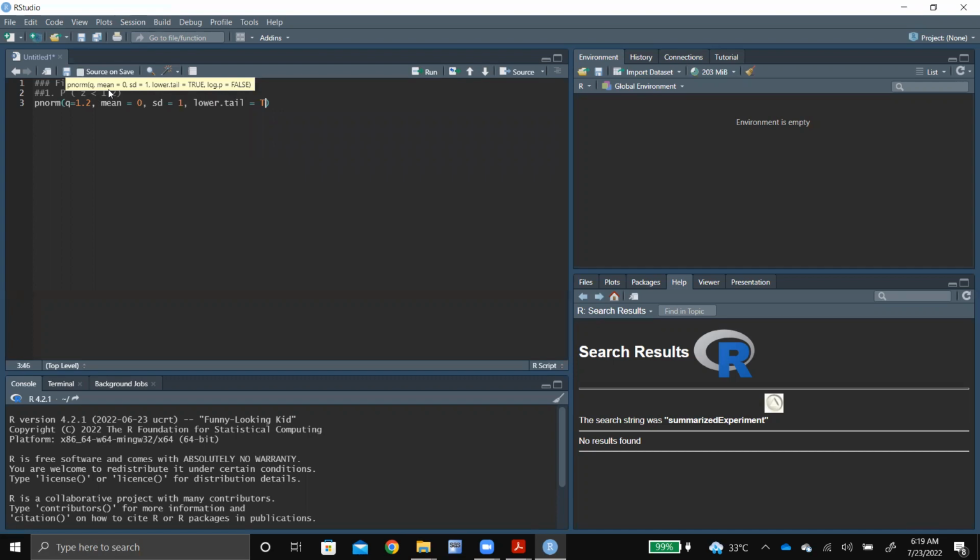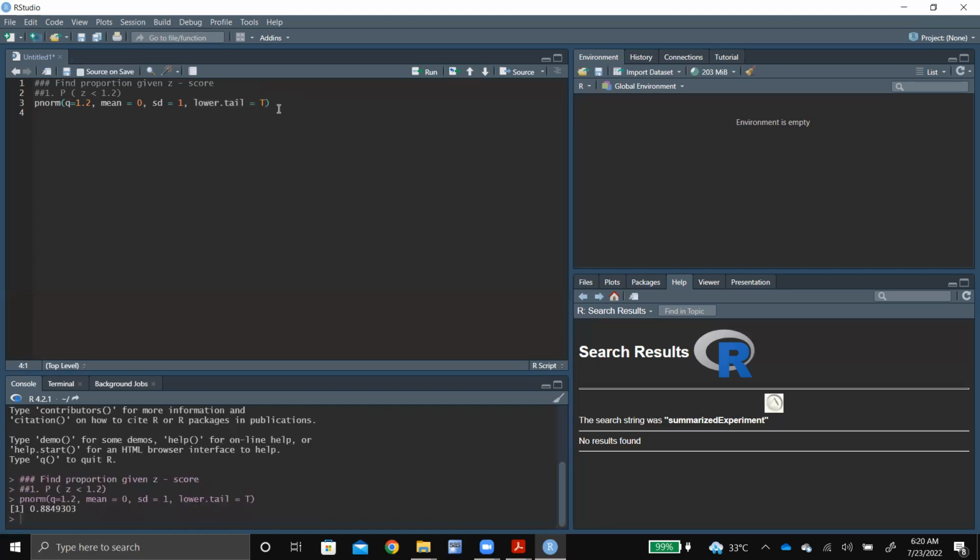Lower.tail equals true is the default, so you can write it or omit the last part and get the same result. So pnorm(q = 1.2, mean = 0, sd = 1, lower.tail = TRUE). Now, if you hit run, this will give you the proportion.